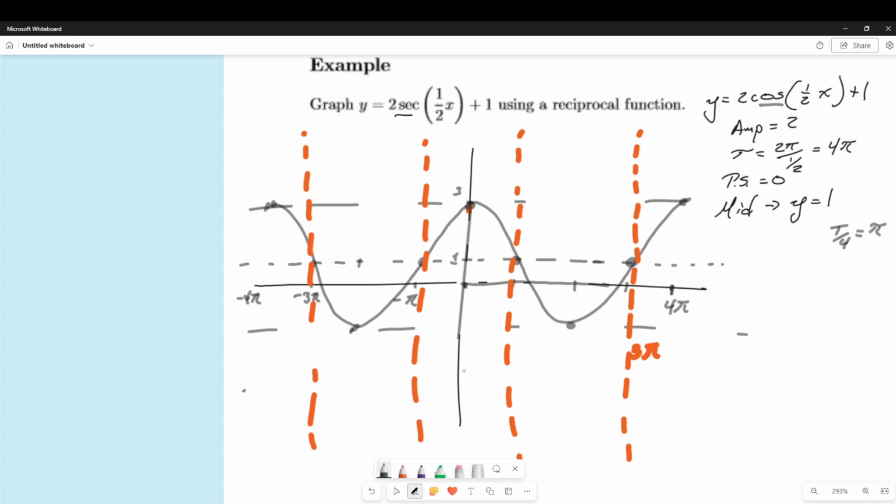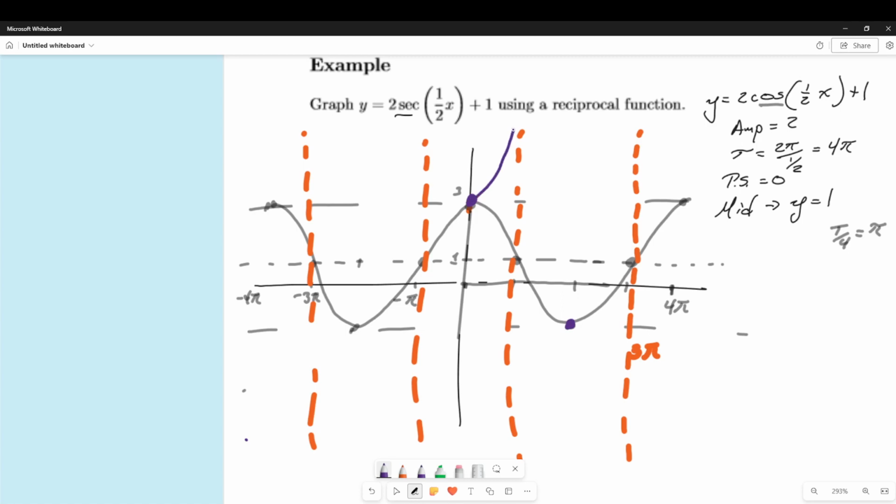Now, one of the tough things is we haven't graphed secant yet. We have a nice graph of cosine, but we haven't actually graphed secant yet, other than that we know now where the asymptotes are. But when we go to graph our actual secant function, we know we have to be asymptotic at our asymptotes, and we know we're going to match up at all those maxes and mins.